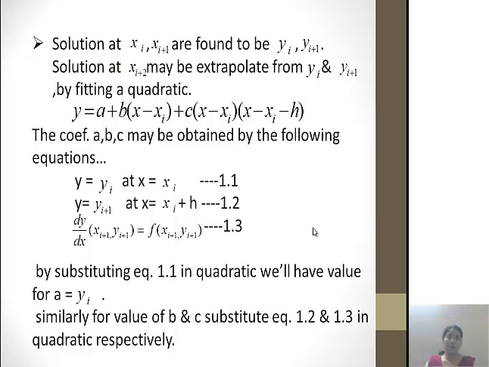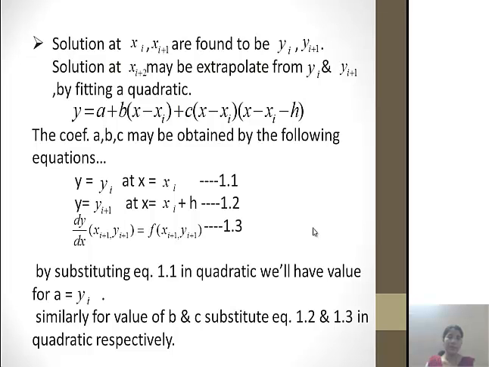First equation: when x equal to xi, y equal to yi. Second equation says that y equal to yi plus 1 at x equal to xi plus h. H is the interval between the first value and the next value of x. Then dy by dx at xi plus 1, yi plus 1 equal to f of xi plus 1, yi plus 1. This is our third equation.